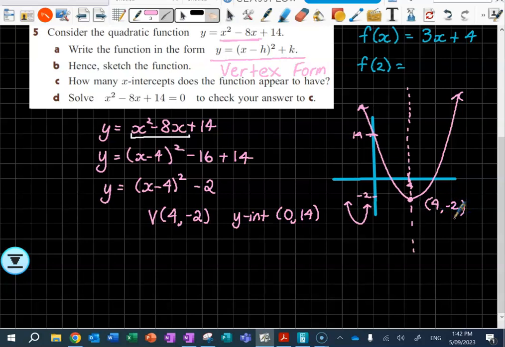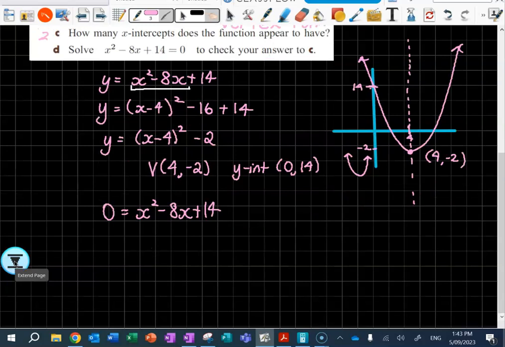How many x-intercepts does the function appear to have? 2, right? So we think 2. Solve to check your answer. Now, when we solve it, so we're solving x squared, take 8x plus 14 equals 0. How do I solve a quadratic?